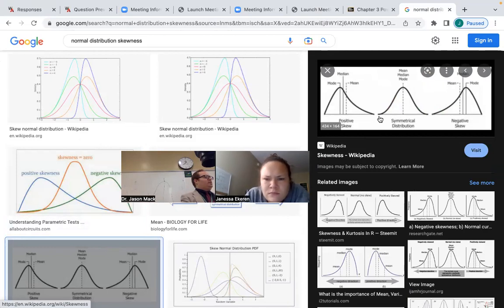This is your central tendency, and it changes the shape of the distribution based on where they are. For a positive skew, the mode is to the left, the median in the center, the mean to the right. They're on top of each other for symmetrical. For a negative skew, the mean is to the left, the median in the center, and the mode to the right. We're going to primarily deal with normal distributions in class, and that's what I mean when I say normal distribution.